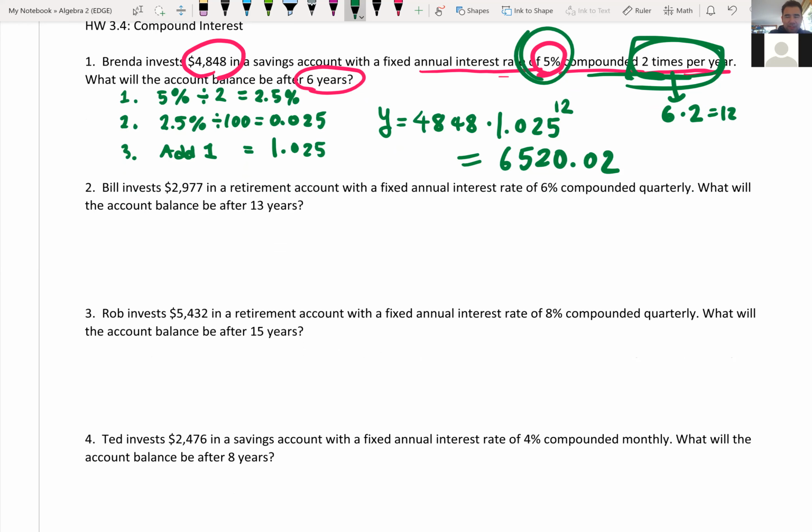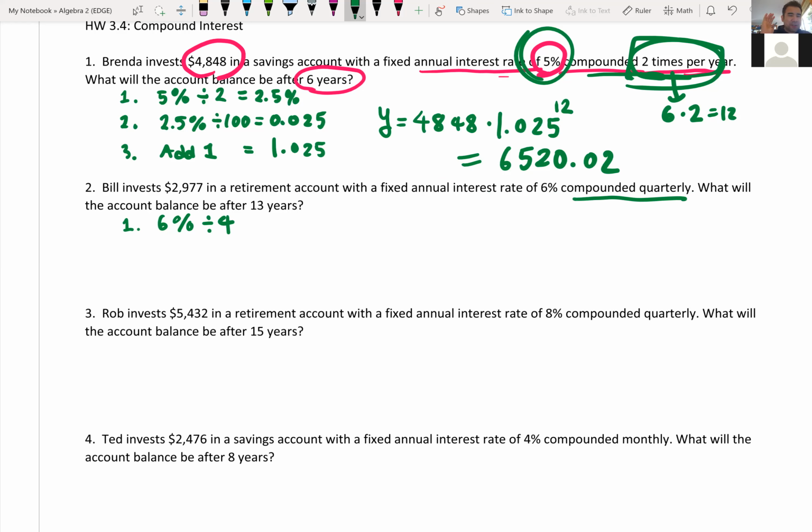Okay, so 6%. Again, I'm just going to outline that step, okay? First step, we need to treat 6%, but this time it's compounded quarterly. So what does that mean? You're going to divide 6% by 4. Monthly means you divide by 12.